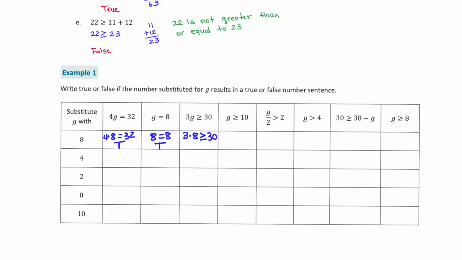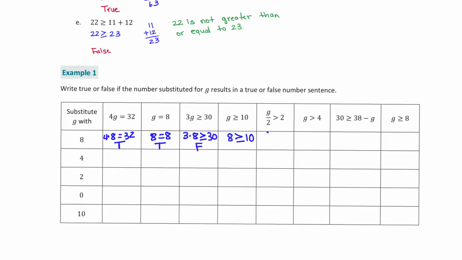And the answer is false, because 3 times 8 is 24, and 24 is not greater than 30. Is 8 greater than or equal to 10? And the answer is no, because the number 8 must be 11, 12, 13, 14 in order to be greater than or equal to.